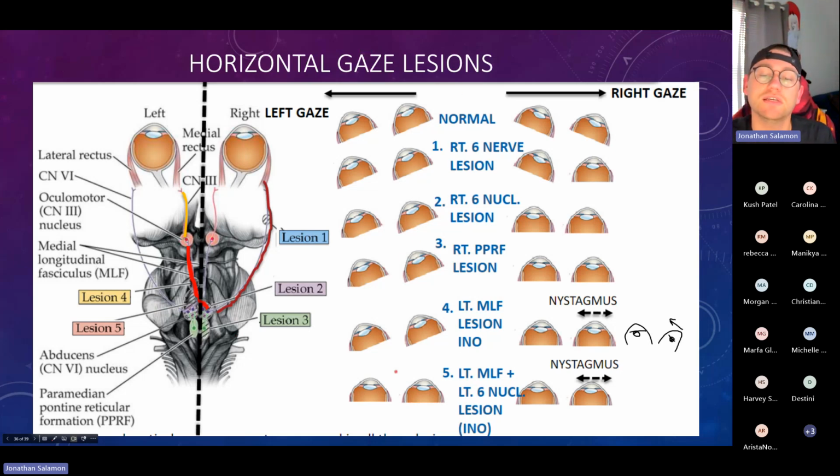The only difference here is because your left 6th nerve nucleus is destroyed, you're not getting any signals to tell your eyes to look to the left. So that'd be quite the big lesion, right? You're knocking out a lot of stuff here. You're probably going to lose the PPRF. This really should say left PPRF because it's above it, so it's more likely to hit. You're more likely to hit the MLF if you hit the PPRF, but I don't know.